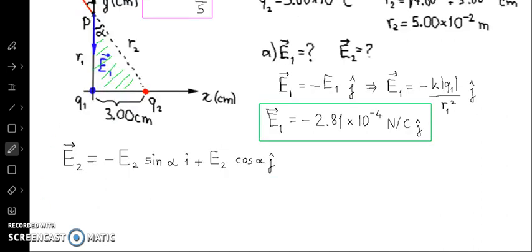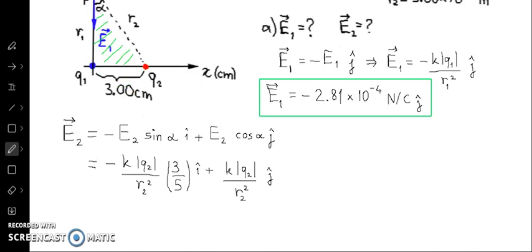So vector E2 is equal to negative E2 sine alpha i hat plus E2 cosine alpha j hat. Let's apply again the electric field formula for a point particle. And this is how we can express E2 in terms of the given variables.